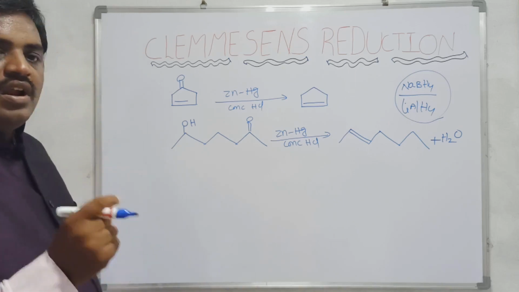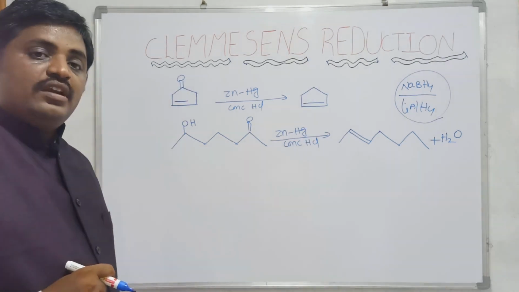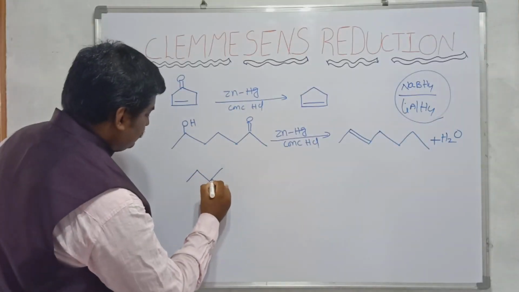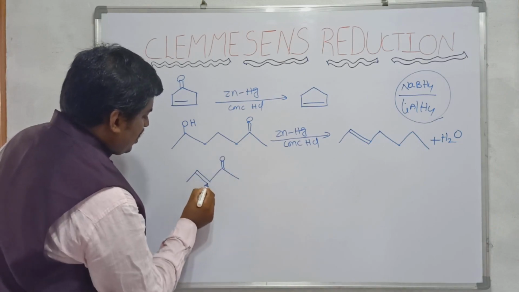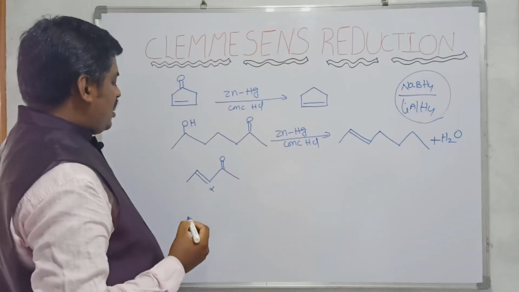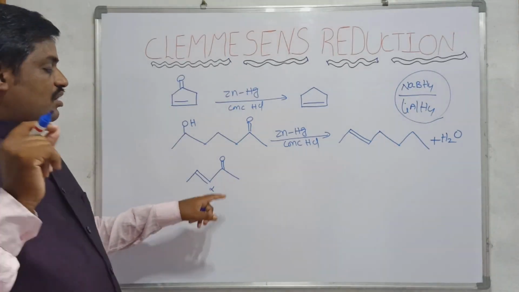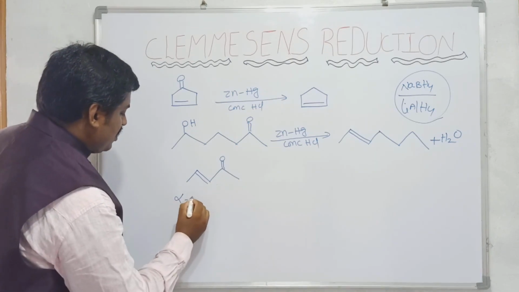And next, alpha beta unsaturated carbonyl compounds are taken. This is the alpha carbon, alpha beta unsaturated keto compounds.